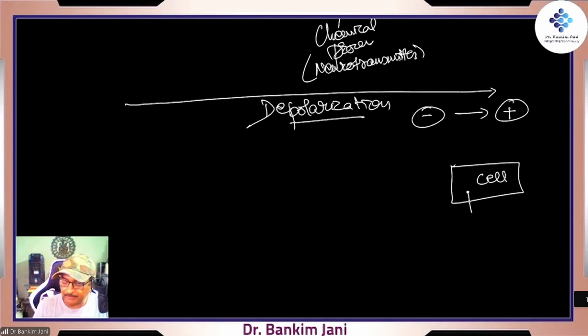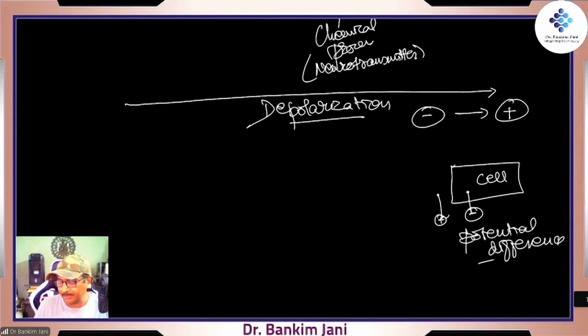Just think that we have two probes, one outside and one inside. The inside will be more negative as compared to the outside. If both are on the same surface, then there will be a potential difference. This is technically called the potential difference. It is the difference in the voltage between both.